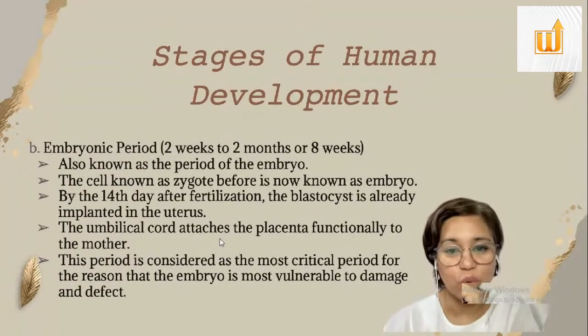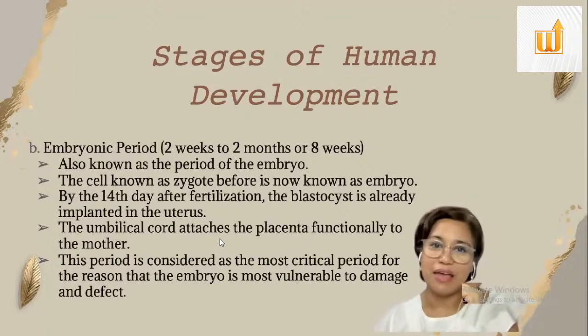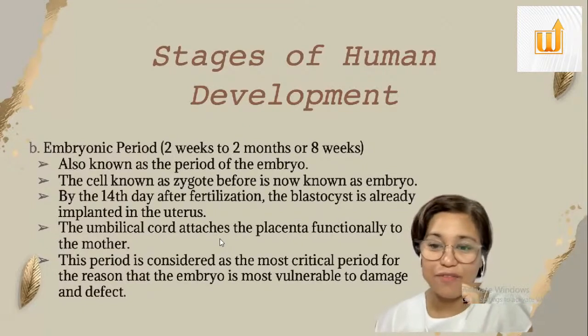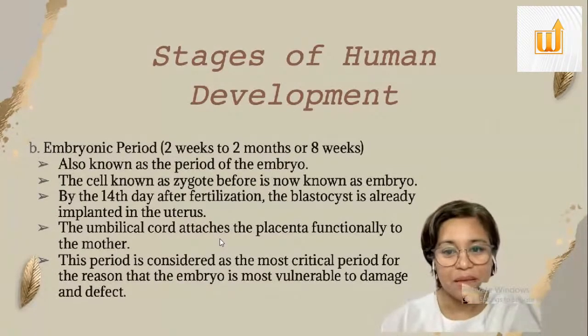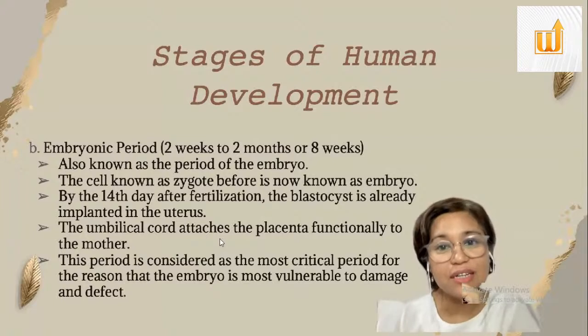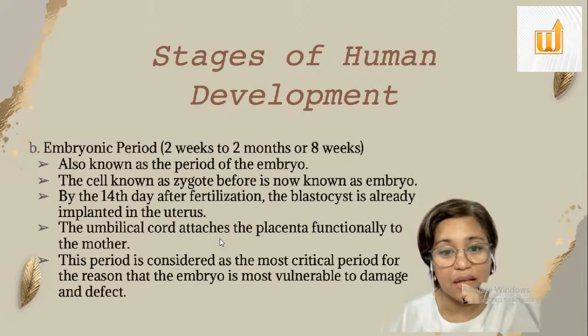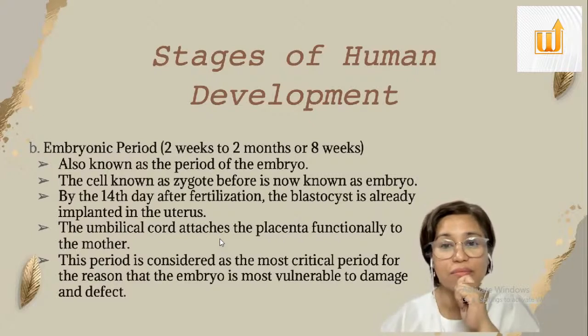And there starts the attachment of the umbilical cord in the placenta, and to function, no, the life saving and the life support of the child. This period is also considered the most critical stage or period for the reason that the embryo is most vulnerable to damage and defect.